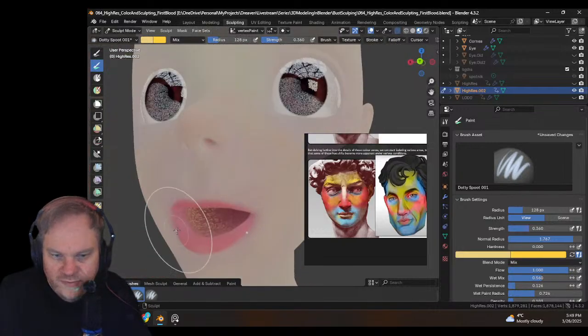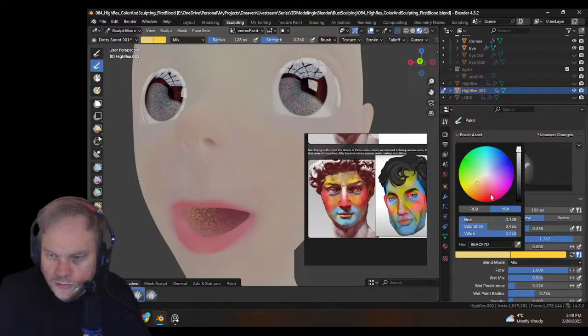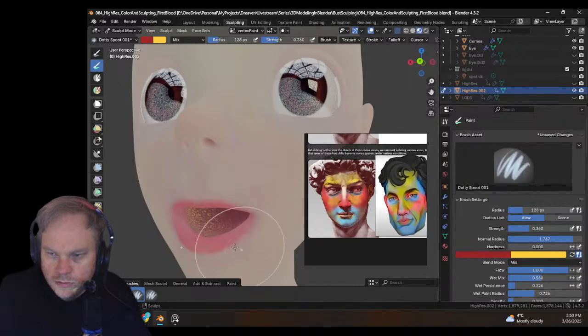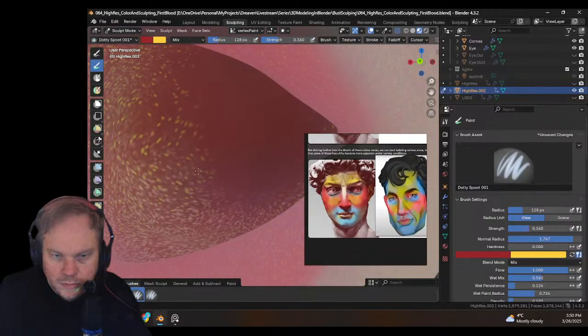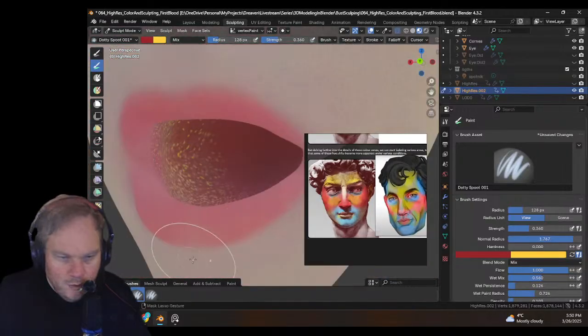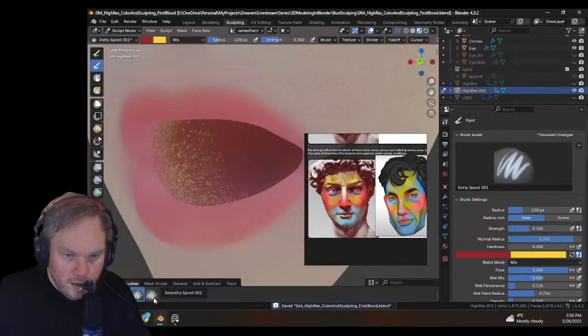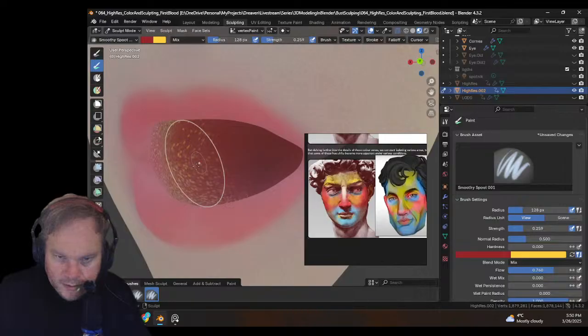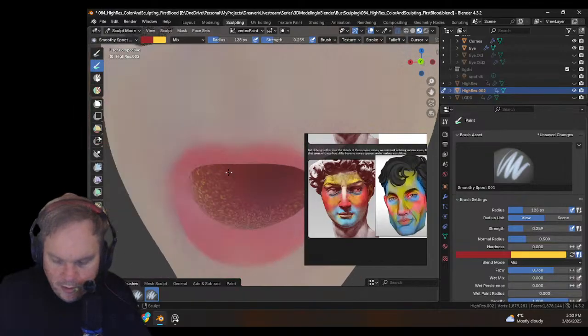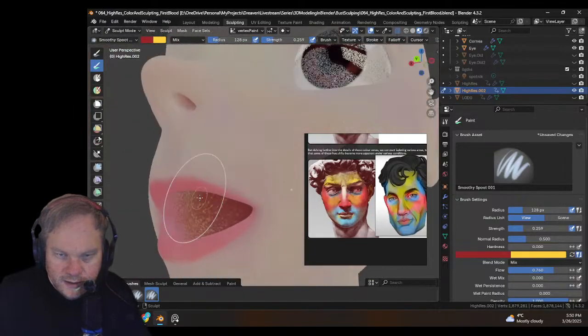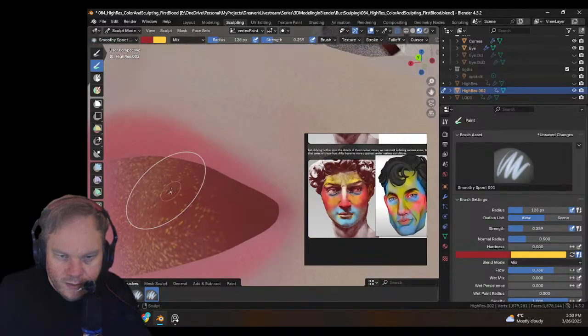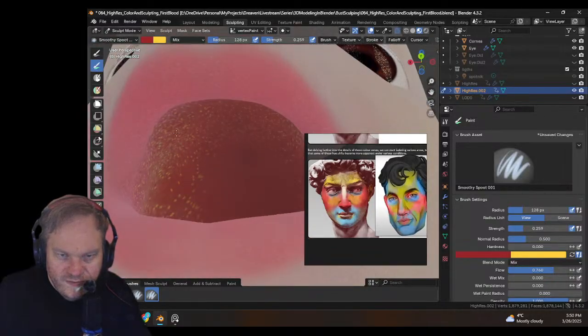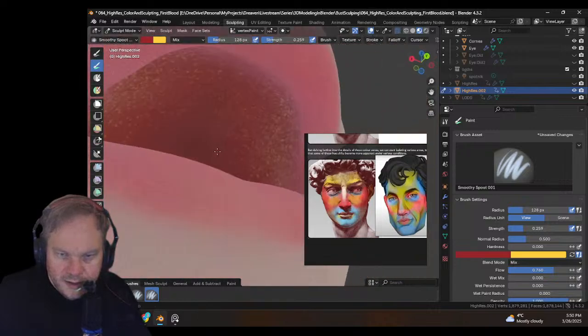We add a bit of everything. Go to the smooth brush. This one. Can do the face, but yeah, that would be hard.